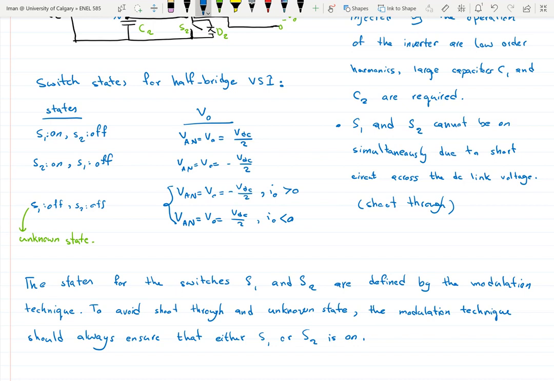Okay, so we can have different types of modulation techniques.